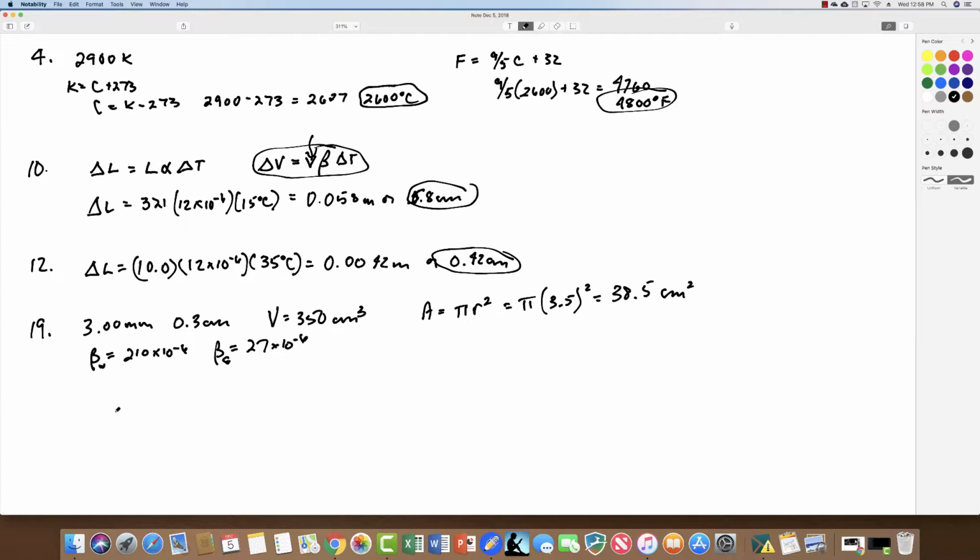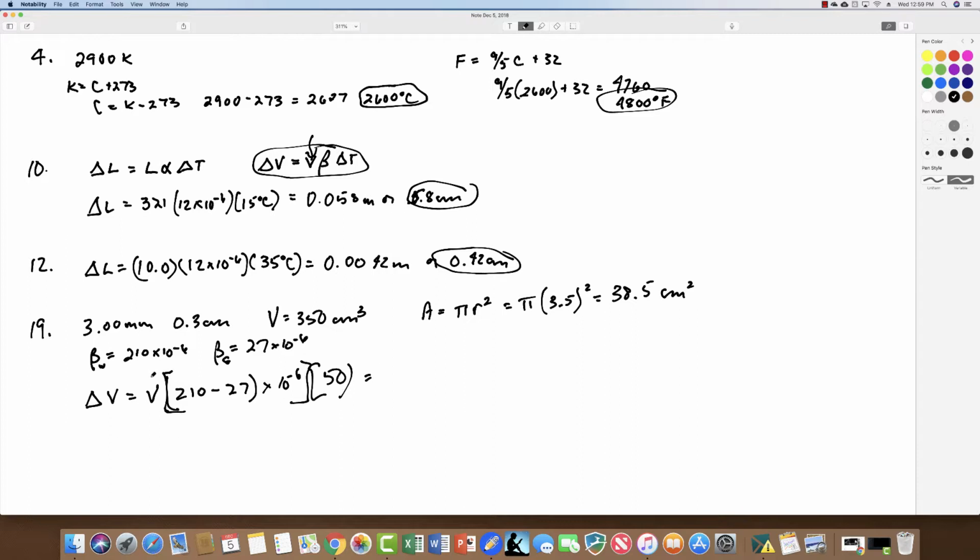And so the change in volume inside the cup is going to be equal to the original volume, which we have up here, times the difference between the two coefficients of contraction, and then we'll multiply that by 10 to the minus 6 times the change in temperature, which is 50 degrees.